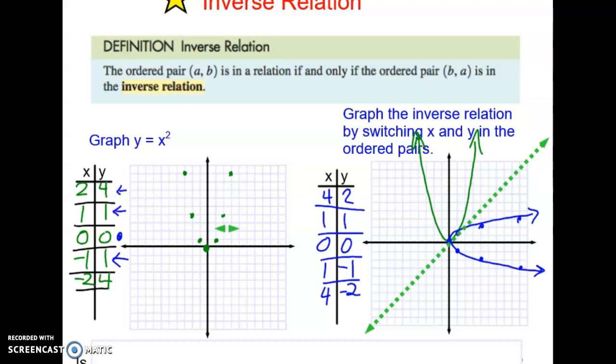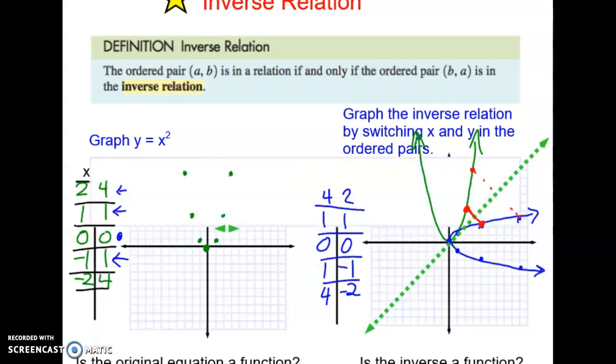Say, for example, I originally had 2, 4 right here. Now it goes to 4, 2. Do you see how they are equidistant from the line y equals x? And over here, this used to be 3, 9. Now it's 9, 3. They're equidistant from that line. So what happened was, my y equals x squared, I reflected that over the line y equals x. Super important, that y equals x piece. And that's what gives me graphically the inverse.